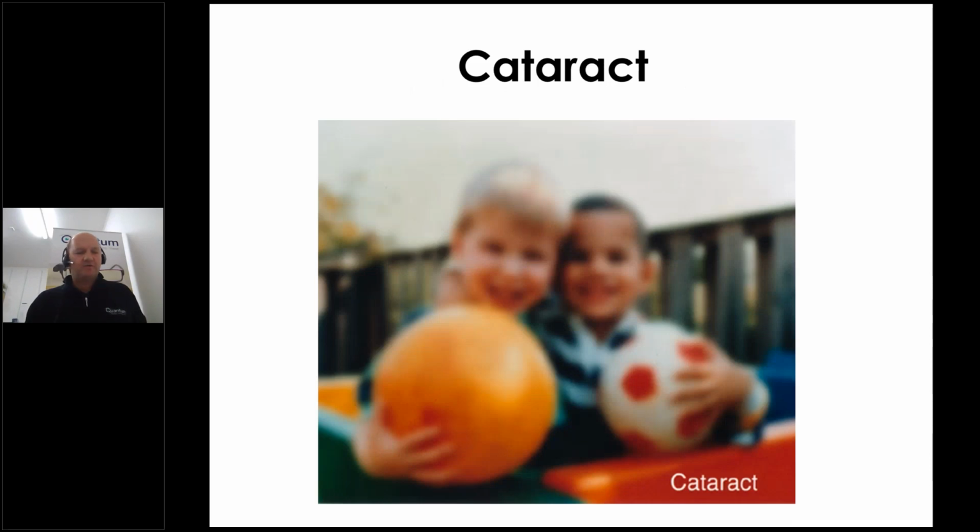This second slide shows someone who has cataracts. So cataracts, as you can see, the image is quite blurry. So it's a little bit similar to sitting in your car early in the morning and all the windows are fogged up. So as you can see, the boys, they're just really not in focus.